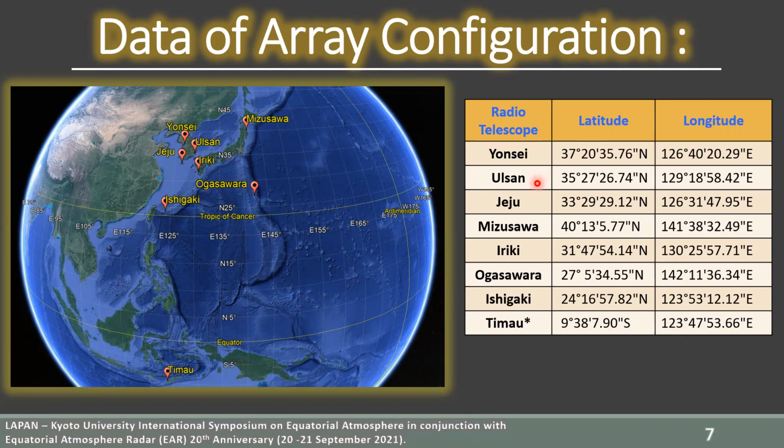Within the 8 locations of the antennas, the important thing is that we add one of our future radio telescopes that will be located and installed in Timor, shown in this location on the map.